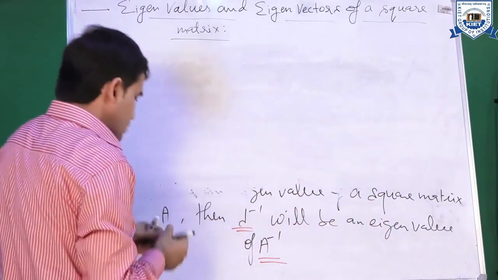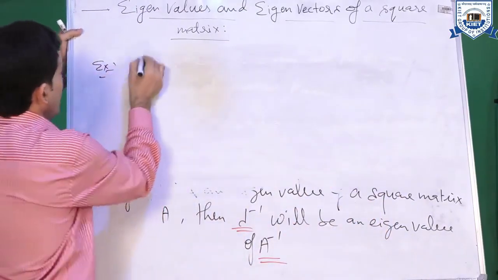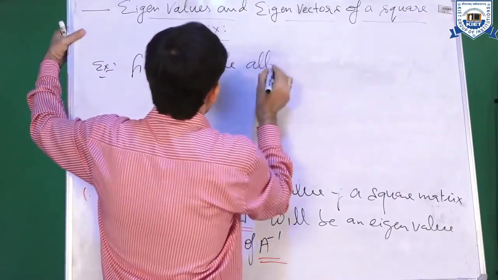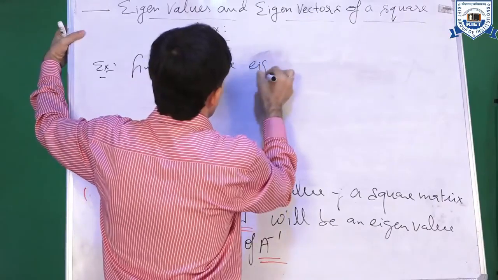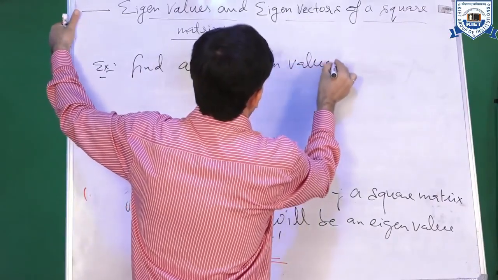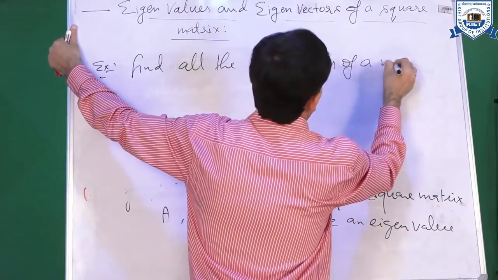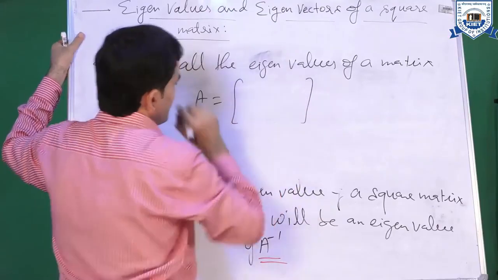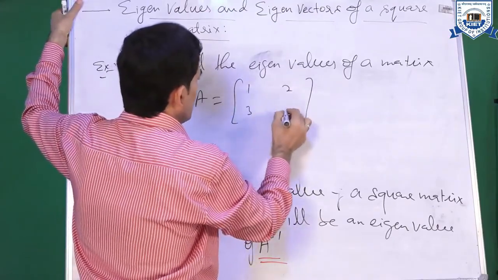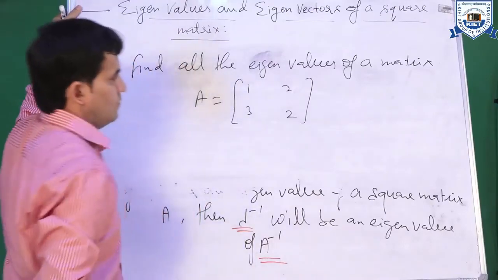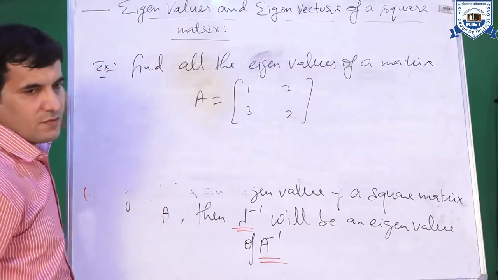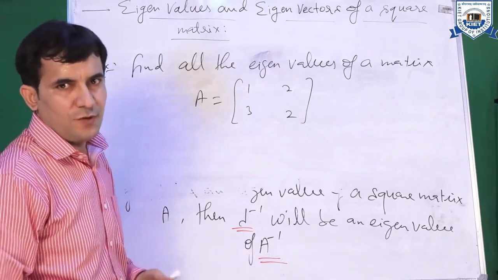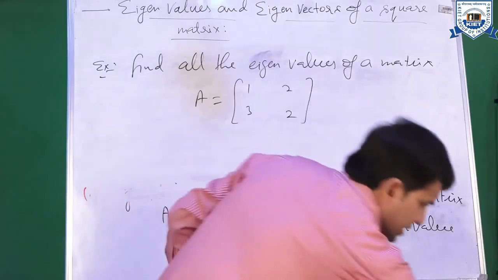Find all the eigenvalues of a matrix A equal to 1, 2, 3, 2. We have to find all the eigenvalues of this matrix, and as you know, for eigenvalues the matrix should be square. Here the size of this matrix capital A is 2 cross 2.